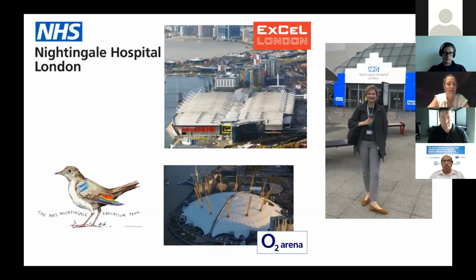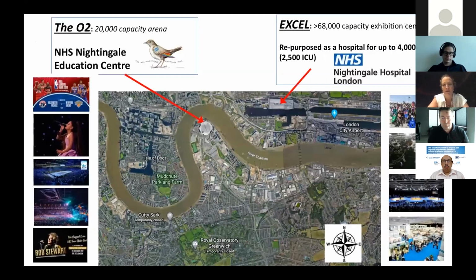So the next slide, we can see that these two centres are located on either side of the Thames. So they're very close by, but there is a cable car that goes across the Thames between the two, but actually that's been closed. And there is a tunnel, luckily, that goes under the river for cars. So you can get from one to the other within about 15 minutes.